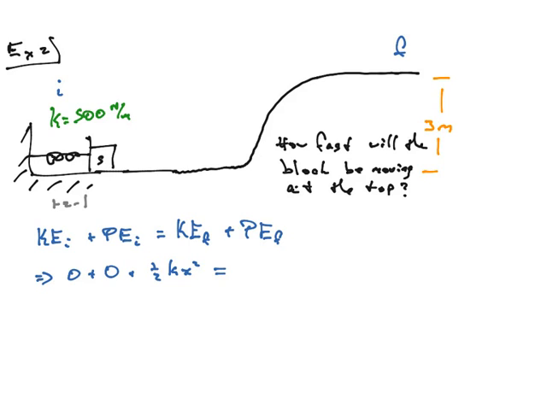Now forget about him. I now look at the final state. I've slid across the ground, slid up this hill. I'm now at the top of the hill sliding along. At that point, am I moving? Yeah, I assume I'm moving. I have no reason to think I'm not, so 1/2 mv squared. I would not be moving if the question said, how high will I rise?